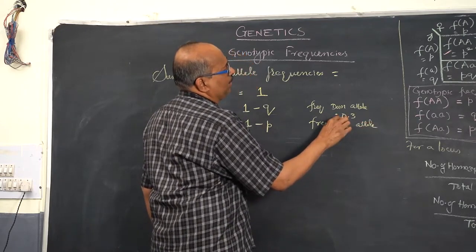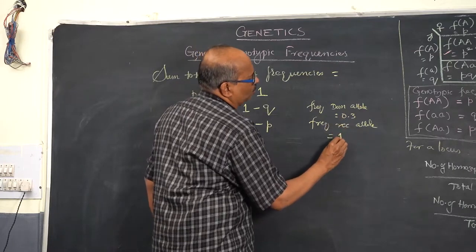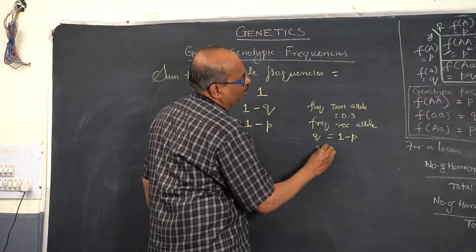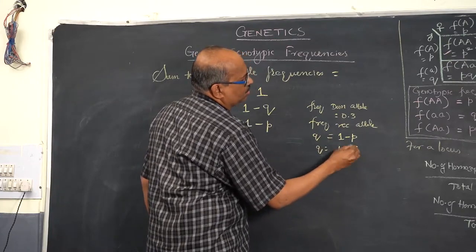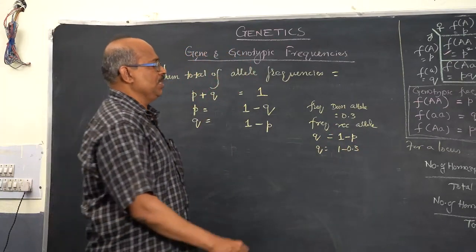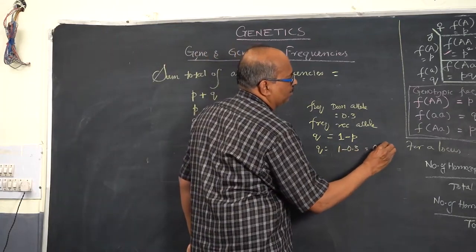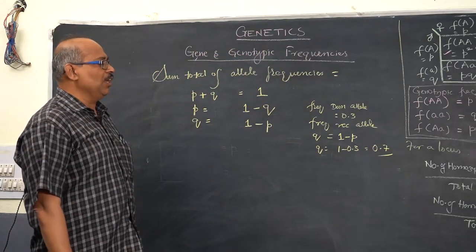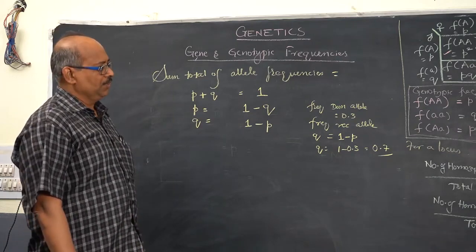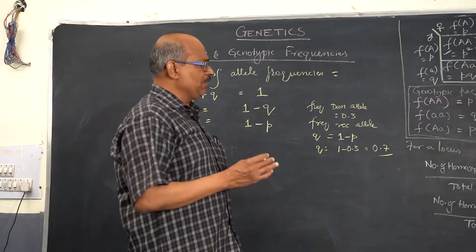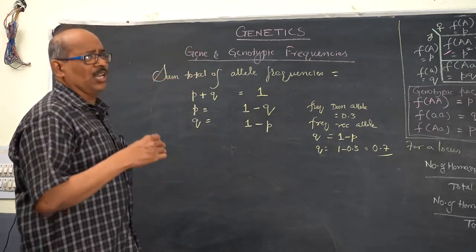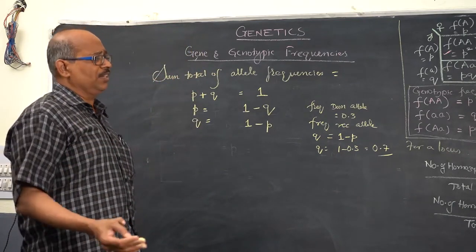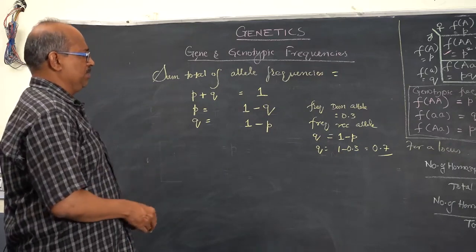So dominant allele, that is P, so Q equals 1 minus P, 1 minus 0.3, which is 0.7. So now we have the sum total of the two alleles equals 1. This is how you do it when you are given one frequency and then you are asked to find out the second allele frequency, or even you can calculate the genotypic frequencies.